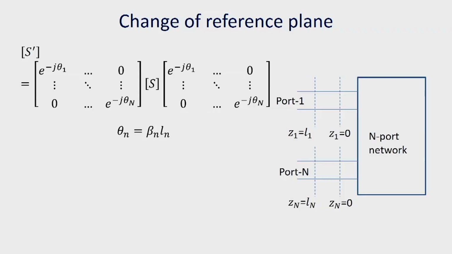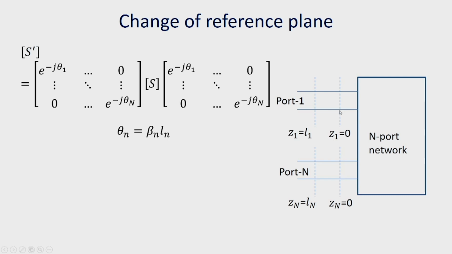We move on to another topic, which is the change of reference plane. We have already seen that when we consider an n-port microwave network and find out the S parameters, the phase reference is defined at the terminal planes. For example, Z1 equal to 0 will be with respect to this terminal plane.